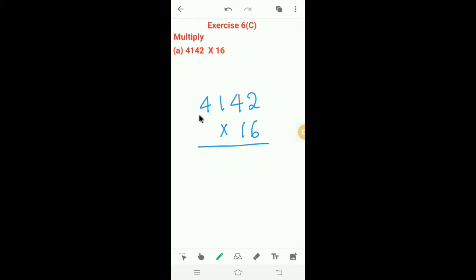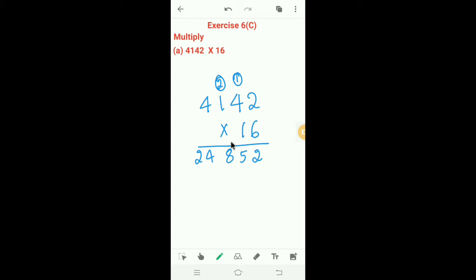So first we have to multiply 4142 by 6. 6 twos are 12, so I will write 2 here and 1 carry. 6 fours are 24, 24 plus 1 is 25, so I will write 5 here and 2 carry. 6 ones are 6, 6 plus 2 is 8, 6 fours are 24.